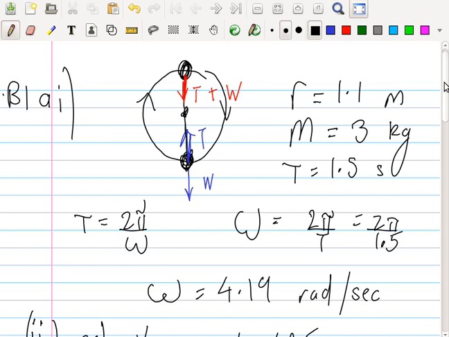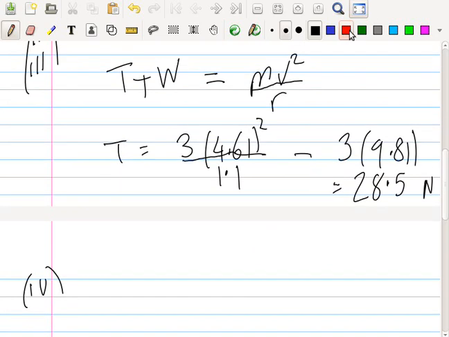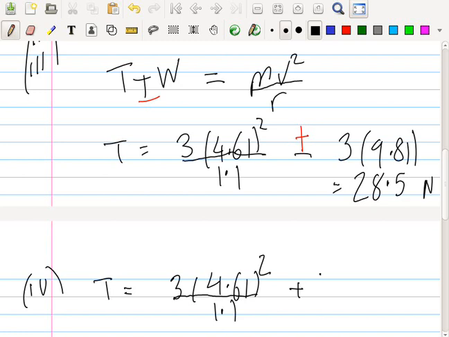So the weight is removed from the tension. I don't even have to rewrite it, that's a minus, which makes that a plus. So the answer will be 4.61 squared over 1.1 plus that.